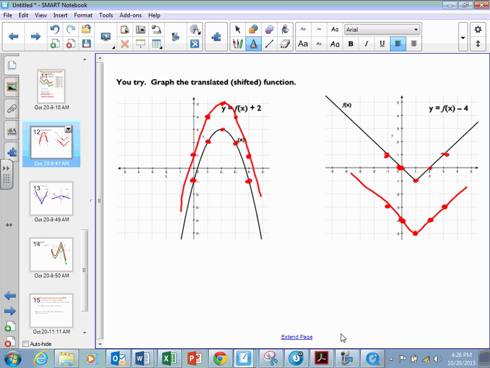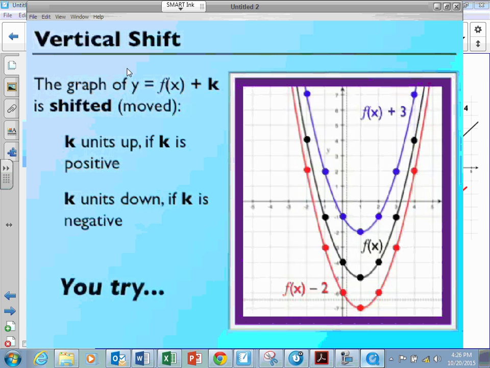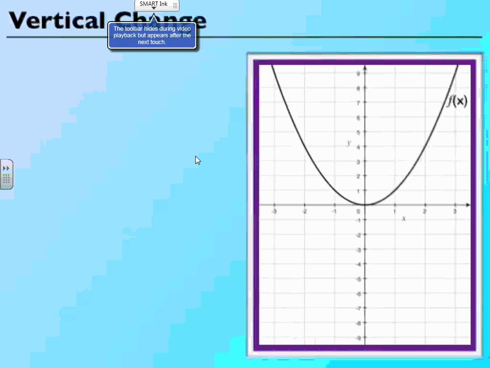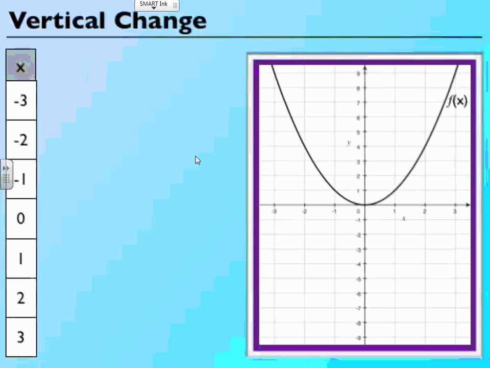All right, let's continue on with the notes then. Back to this. Vertical change, we've got another grid there to fill in. And we've got another parabola, so I'm going to center my x values around this interesting part of the parabola here at x equals 0. So I have that, and then I have 3 x values below it, 3 x values above it.